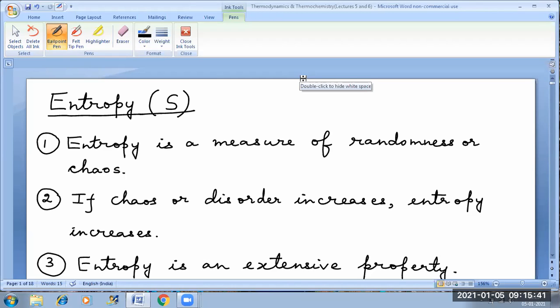This is just one example to make you understand. Similarly, if I'm talking, then definitely my entropy is high. But if I'm absolutely silent, then my entropy is low. So the more the disorder, the more the entropy.